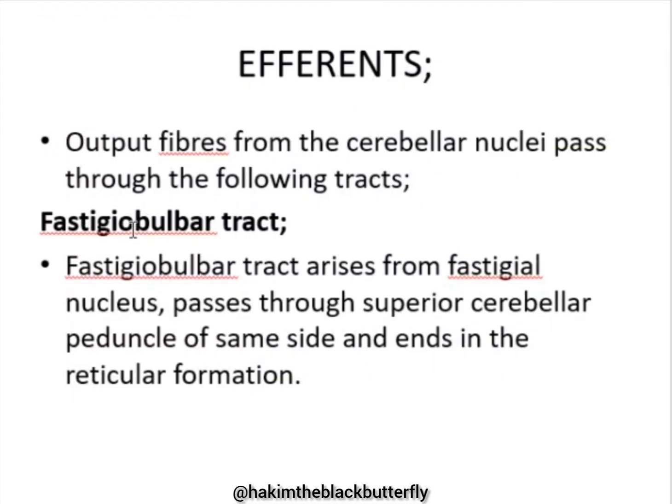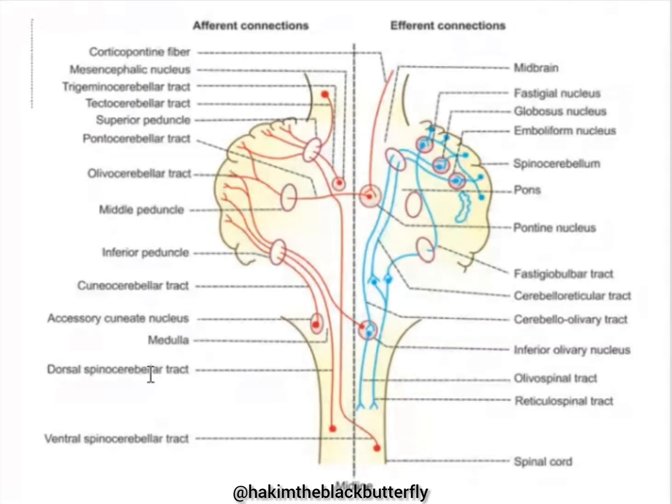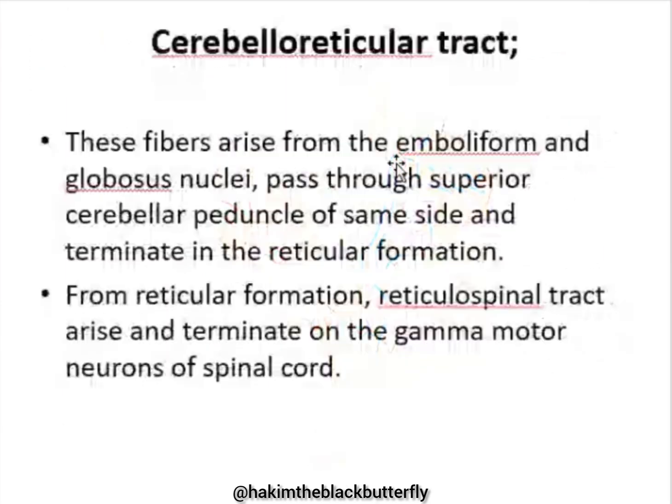This one, fastigiobulbar, is moving from the fastigial nucleus to the reticular formation of the brain stem. And I've indicated it on this side. This is the efferent information, and you see most of it is passing through the superior cerebellar peduncle.